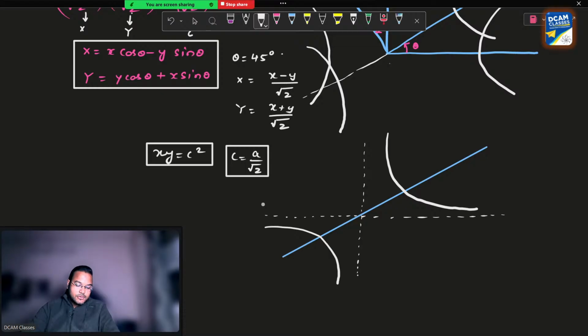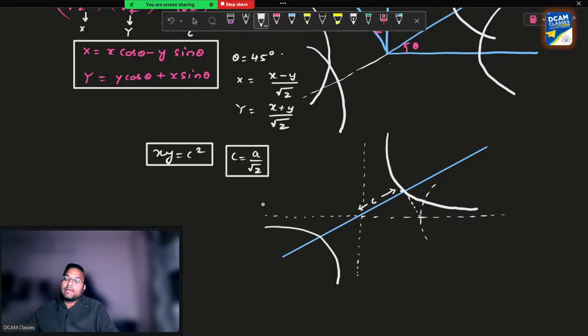Now comes the question of finding the various different points of it. This distance, they say, this distance is c. Why?